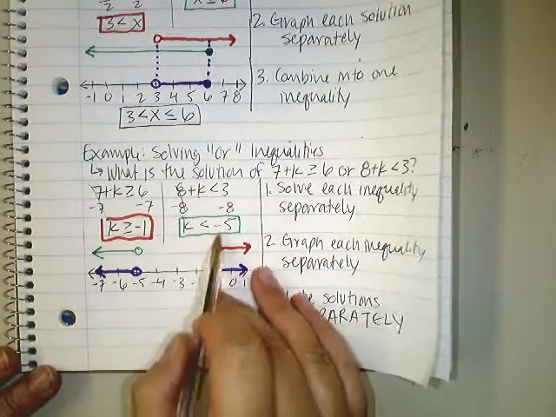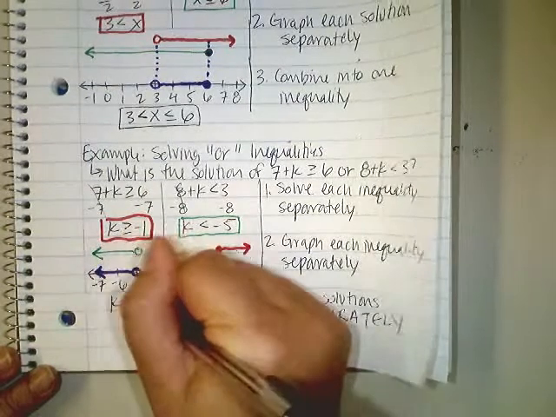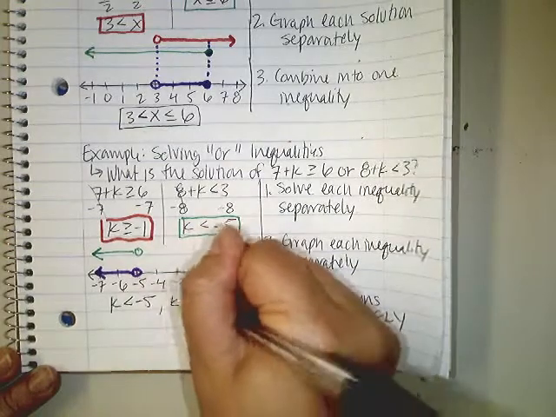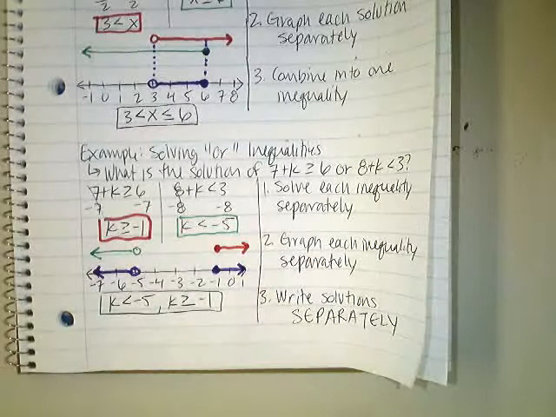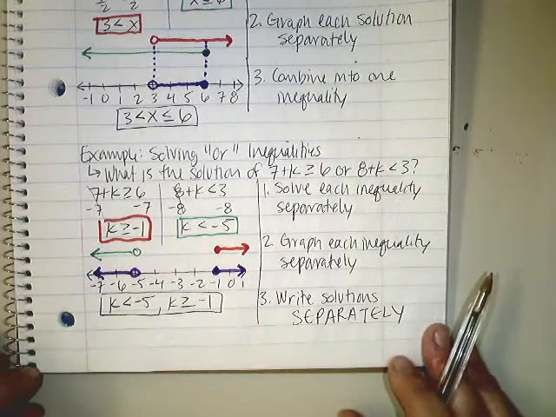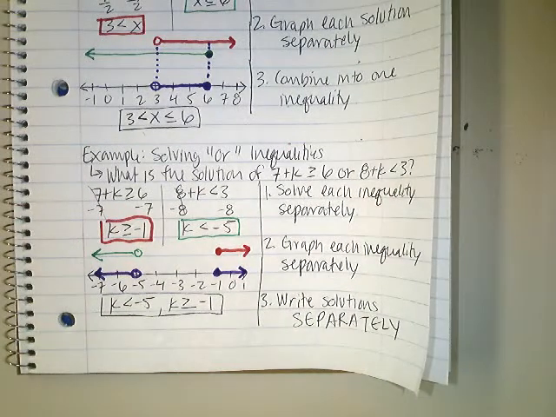So my solution, I choose to write the most negative one first. So I'd write k is less than -5 or k is greater than or equal to -1. And this would be my solution set. So again, since they are going in opposite directions, you cannot combine them into one inequality. All right, make sure you write down any questions, comments, or concerns, and we can go over them in class.